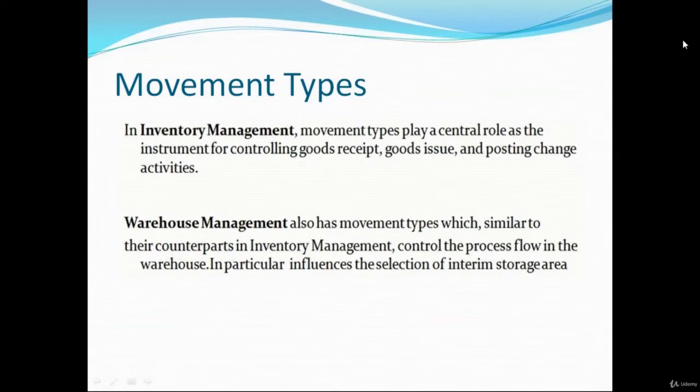In this particular scenario, the WM posting happens first, but we still haven't done the IM posting, that is, the goods issue posting. So once the WM posting is done, we will be creating a negative quant in the interim storage type, so that the total quantity of material, that means the stock quantity, in both IM and WM is the same.